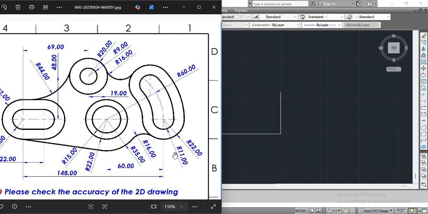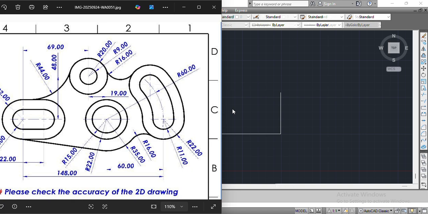Back to the drawing, we get a distance of 148, and again another distance of 60, and again another distance from 60 to 19, and another distance of 69.